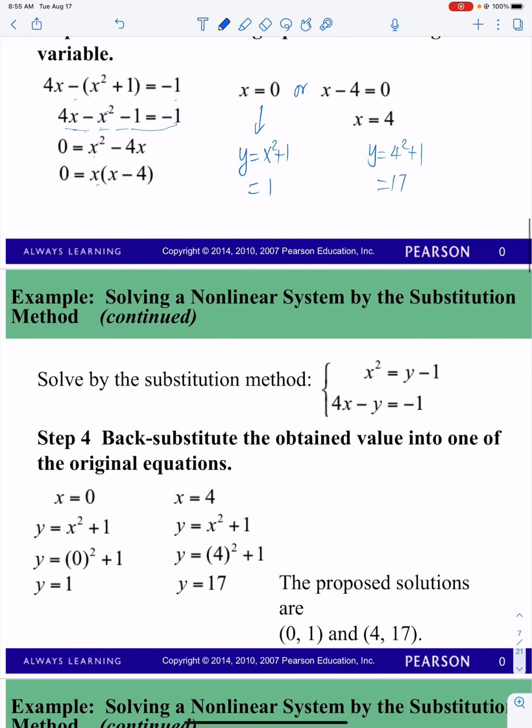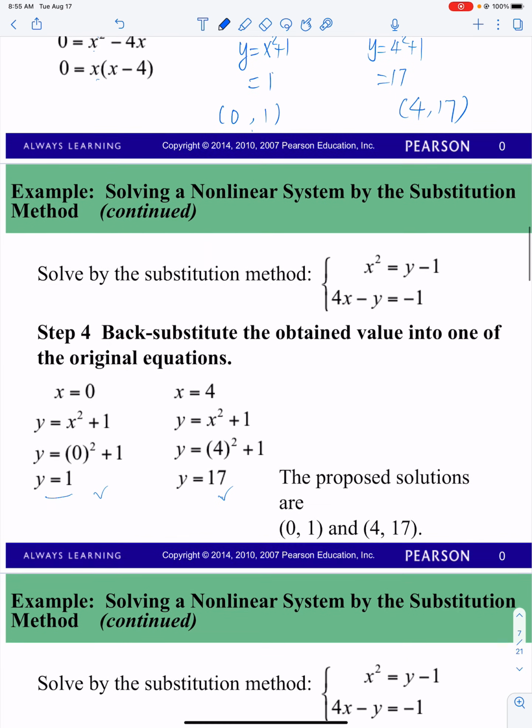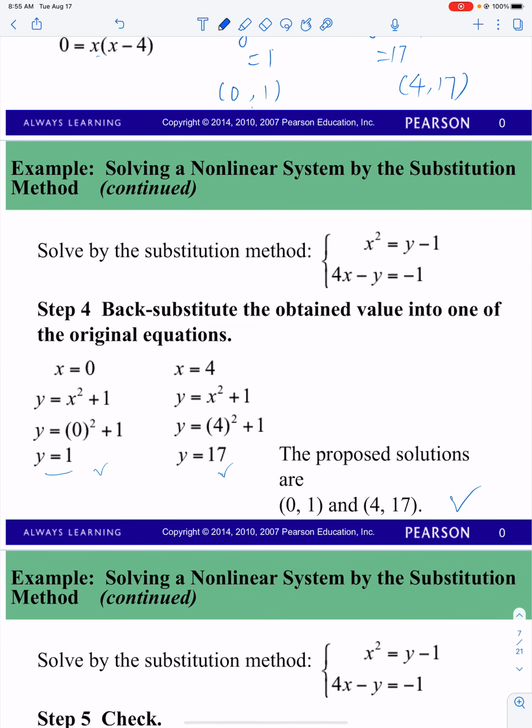You with me? So this is how you get y equal to 1 and y equal to 17. So what will be the ordered pairs? (0, 1) and (4, 17). It's not (0, 4) as a pair. Your x and the corresponding y make the ordered pair. So this is how you get it here.